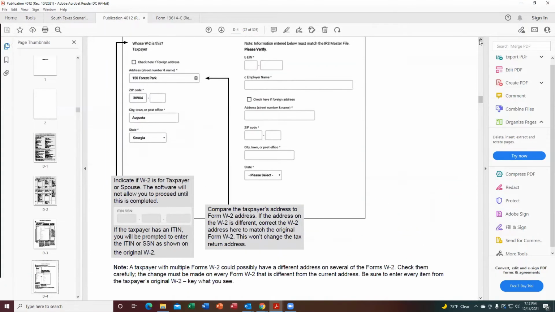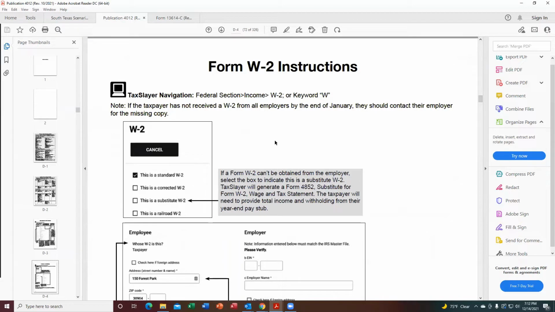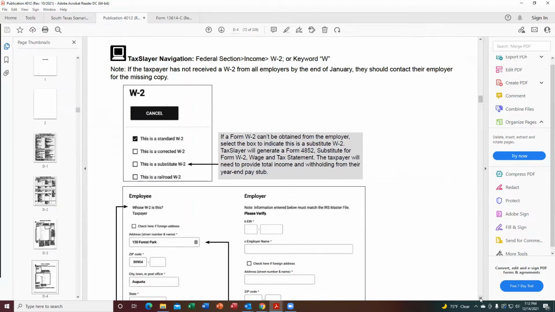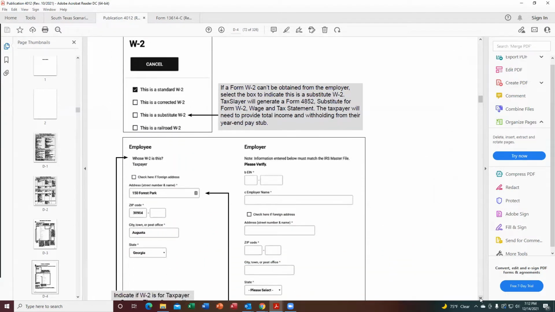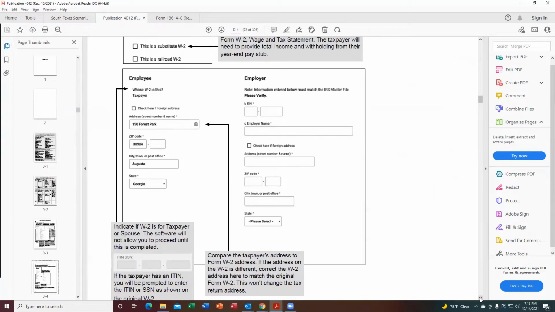Okay, the information on how to enter W-2s. Again, like I mentioned early on, your 4012 gives you the screenshots of each area within TaxSlayer that you need to populate information. So again, this is a screenshot of your W-2.